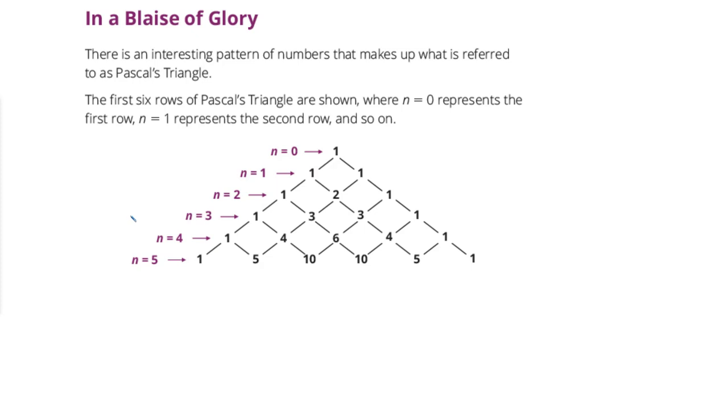I want you to take some time at your table. I want you to look at Pascal's triangle, which is what this triangle is. There are tons of patterns that exist inside it. I want y'all to see if you can find any patterns that are showing up here.